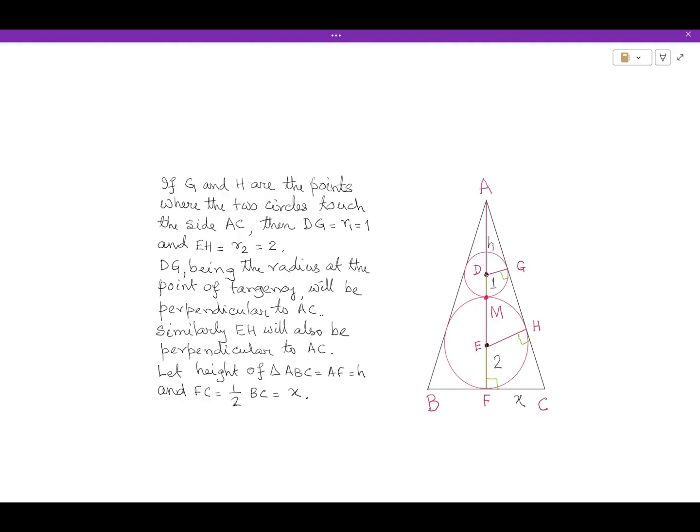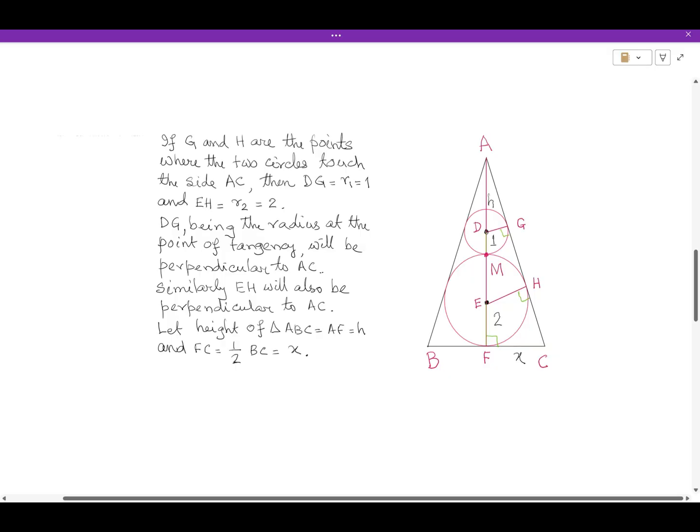DG, being the radius at the point of tangency, will be perpendicular to AC. That is, this circle and this line are tangent to each other, so this angle will be 90 degrees. Similarly, EH also will be perpendicular to AC.